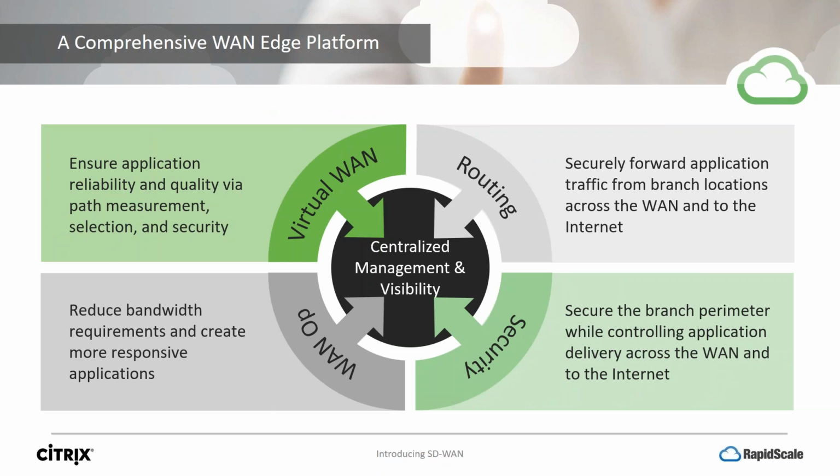So the NetScaler product ensures application reliability and path selection. I can securely forward application traffic from the branch locations across the WAN to the internet directly. I don't need that hub and spoke model where everything goes back to a headquarters and then out to the providers. I can go directly to the providers. Of course, security.